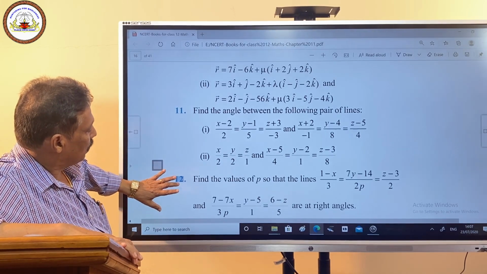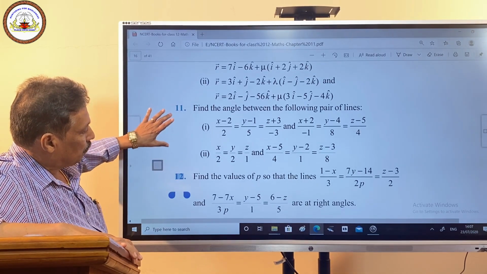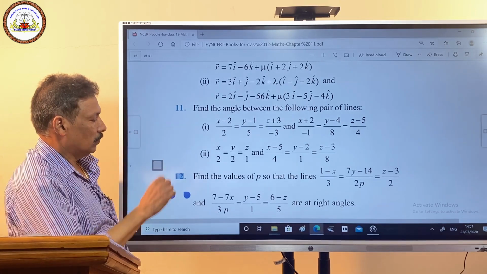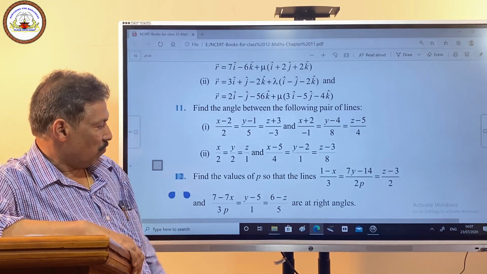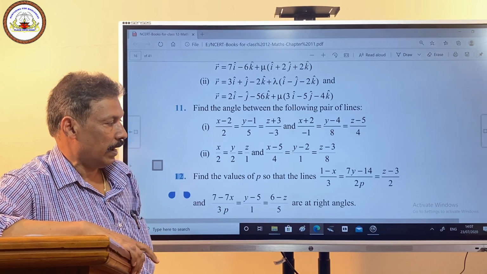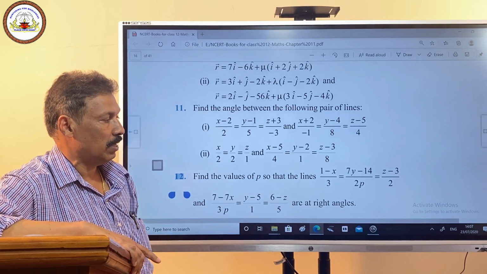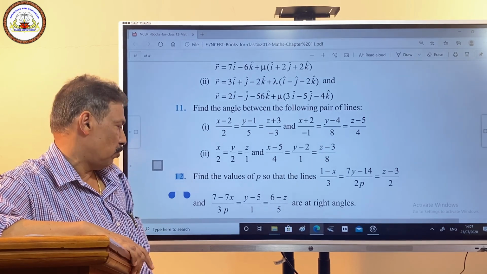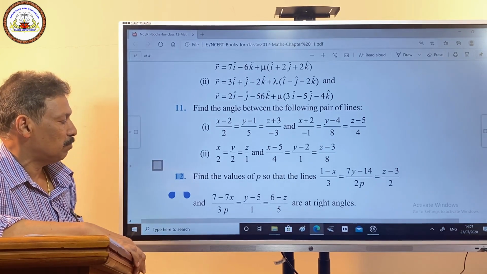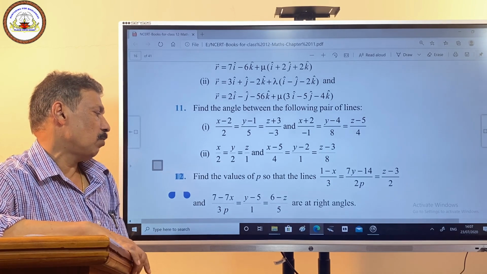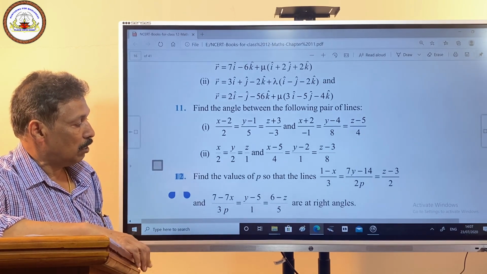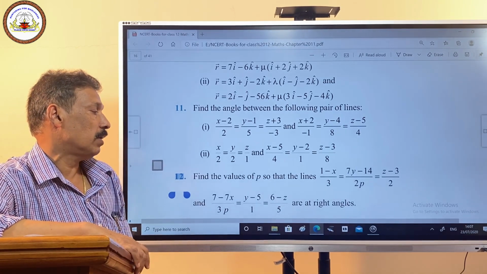Then we can do one particular problem, question number 12. Find the value of p so that the lines (1 minus x) by 3 equals (7y minus 14) by 2p equals (z minus 3) by 2, and (7 minus 7x) by 3p equals (y minus 5) by 1 equals (6 minus z) by 5 are at right angles.